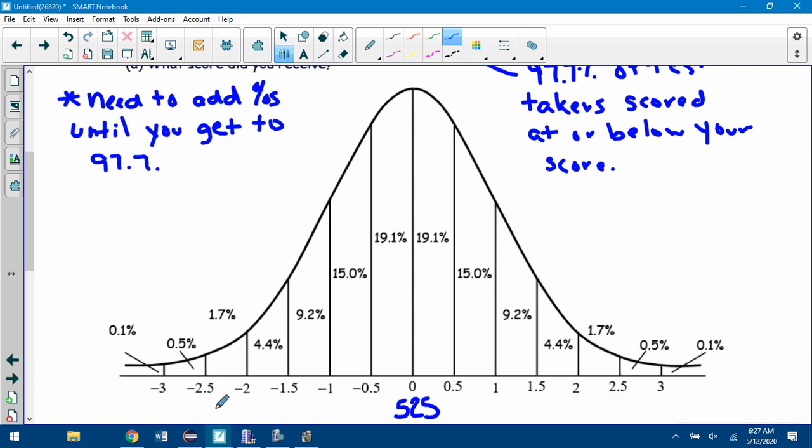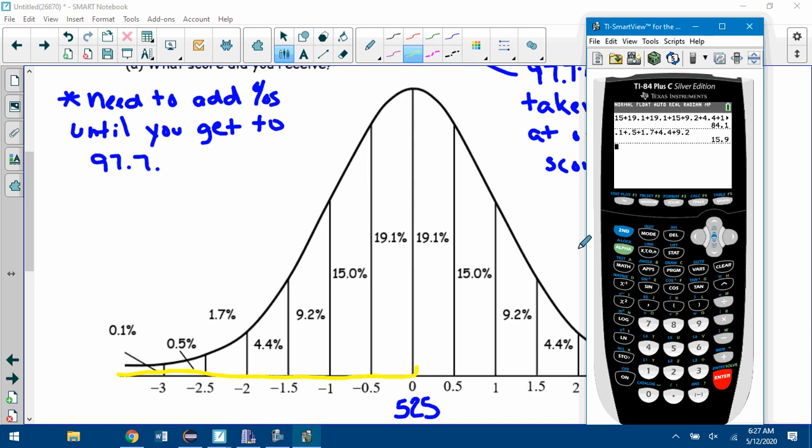Okay. Well, I could start at 0.1 plus 0.5 plus 1.7 and start adding, or I could say, well, I know I'm more than 50%. So if I take all of this to here, how much is that going to be? That's going to be 50. Then start adding on. If I add on 19.1, that's 69.1, not enough yet. So go further, add 15.